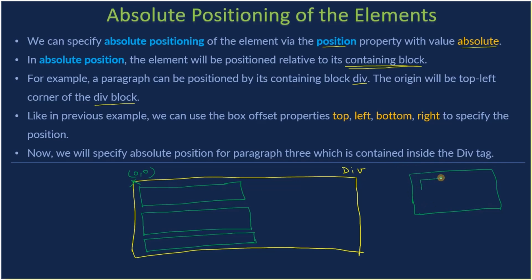For example, you can even go ahead with multi-column paragraphs: paragraph 1, paragraph 2, 3, 4. Likewise, you can arrange a document in a multi-column way, because here you are using the div tag and you can specify the location top and left from this containing block's origin. This way you can position the elements.